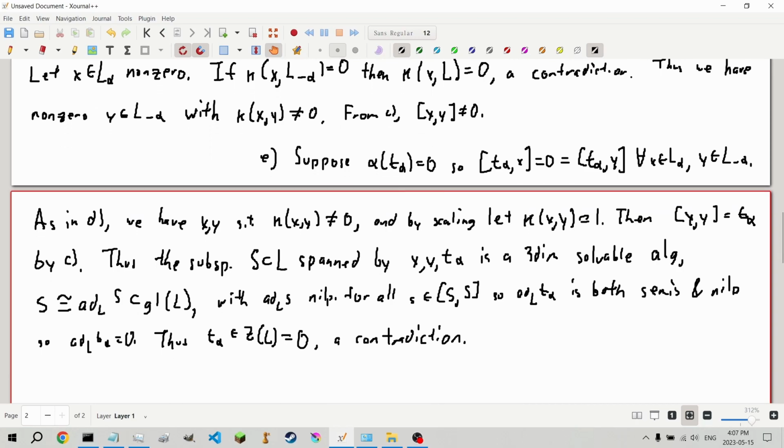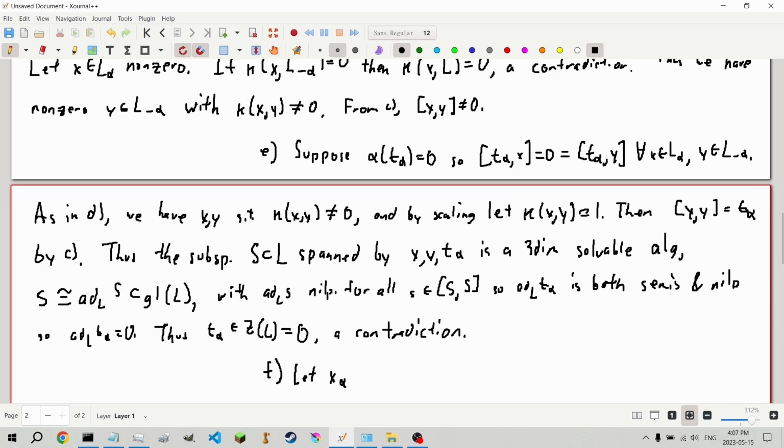F, which states that we can reconstruct SL2. Let X alpha in L alpha be non-zero.